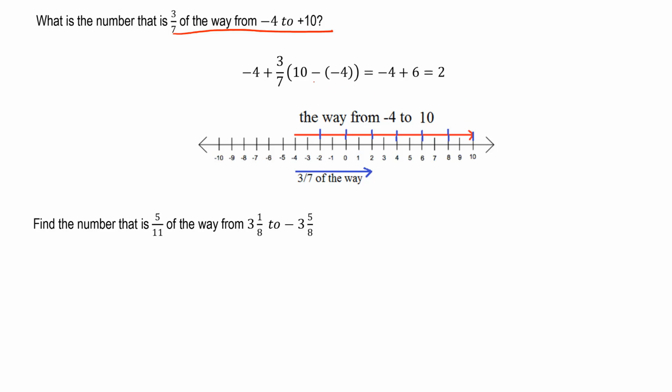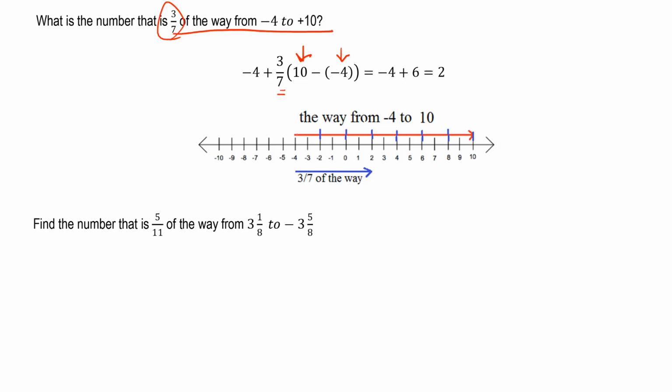Remember, we start with the second number, so 10, and then we subtract the first number, so minus -4. This is the way from -4 to 10. We want 3/7 of that, so we're multiplying it by 3/7.